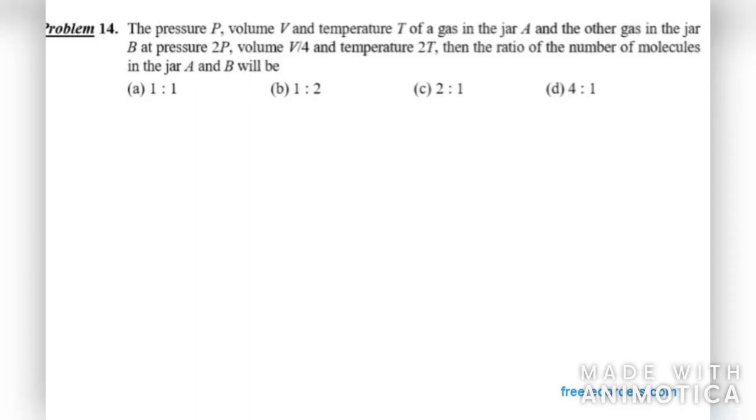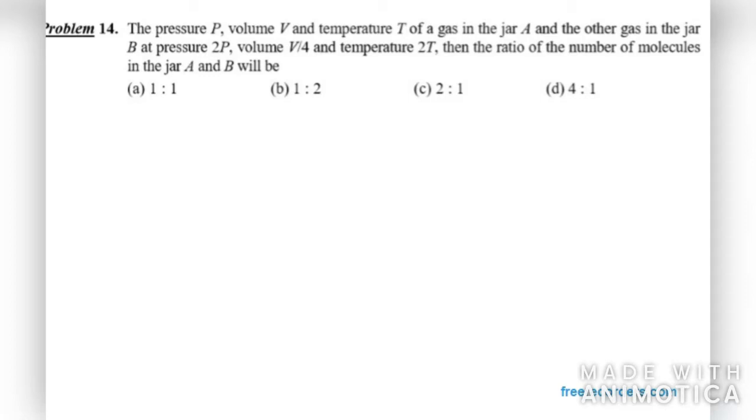Let us move on to problem number 14. It says the pressure P, volume V and temperature T of a gas in the jar A and the other gas in the jar B at pressure 2P, volume V by 4 and temperature 2T, then the ratio of the number of molecules in the jar A and B will be.